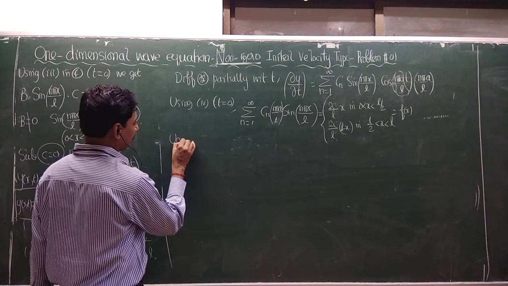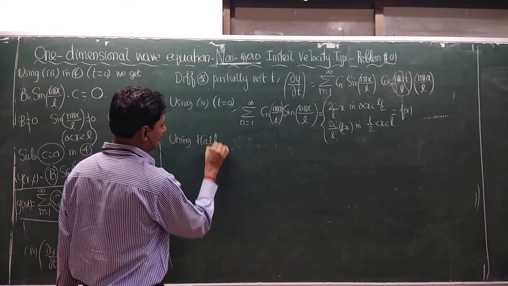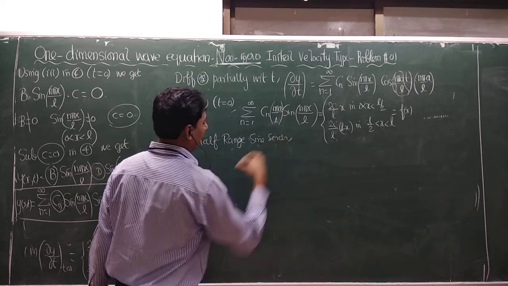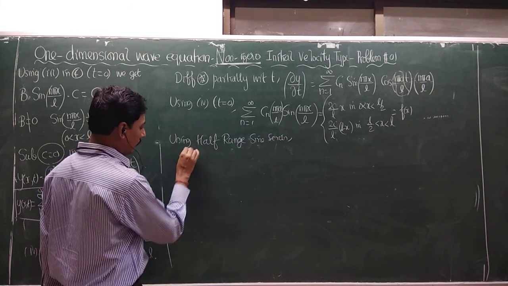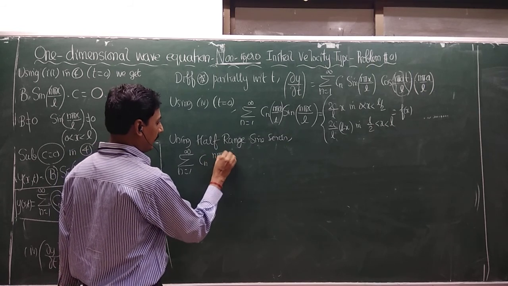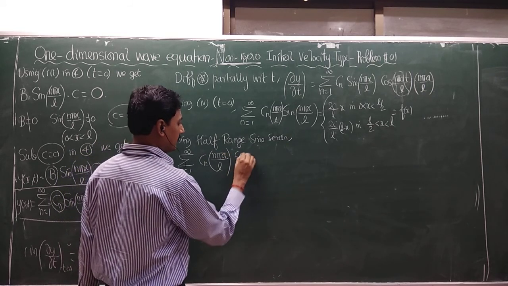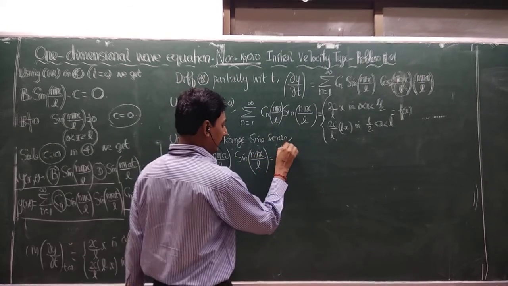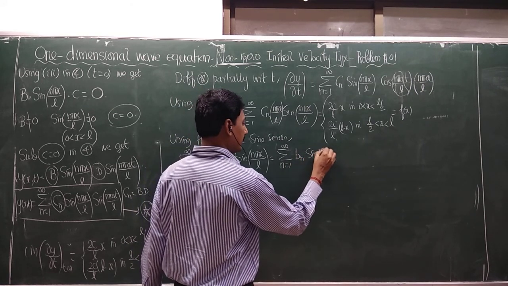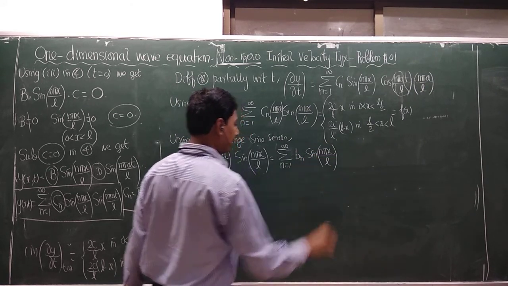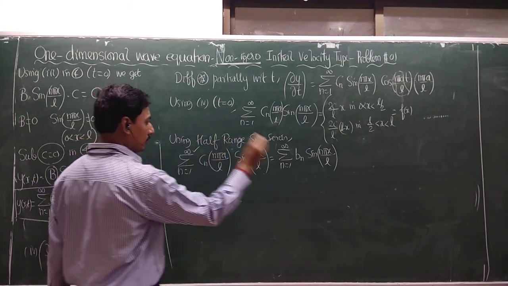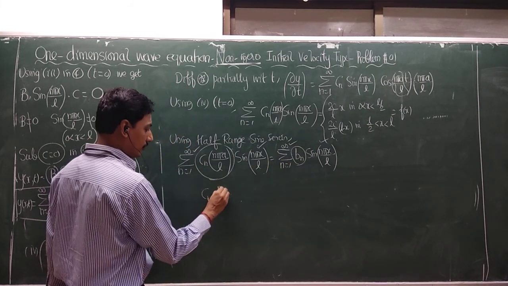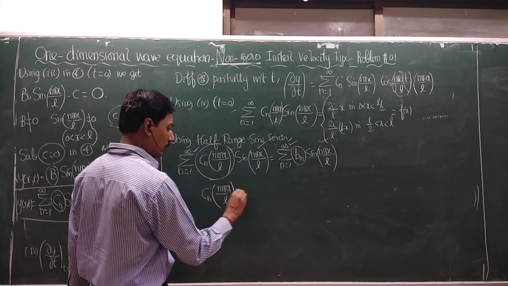By using the half-range sine series, the left hand side, sigma n equal to 1 to infinity Cn n pi a by L into sin n pi x by L, is equal to, what is the half-range sine series formula, sigma n equal to 1 to infinity small bn into sin n pi x by L. Now equating like coefficients on both sides, Cn into n pi a by L is equal to small bn.